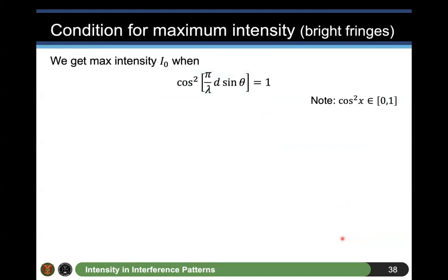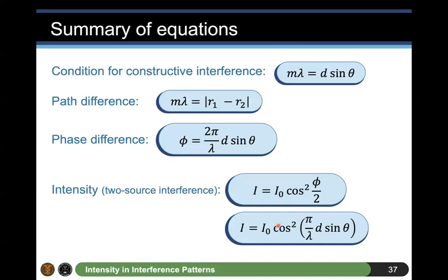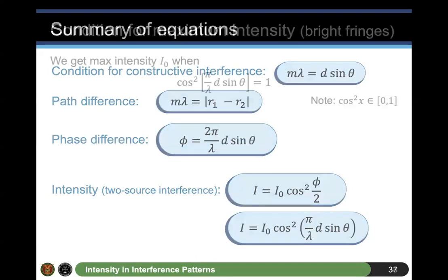Now, for the condition for maximum intensity, or yung bright fringes, dapat 1 yung ratio, right? 1 yung resulting nung intensity. Okay.